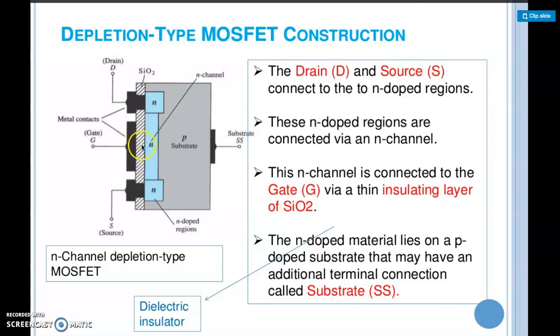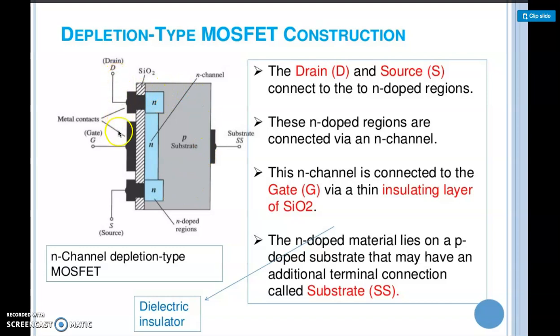Above the SiO2 layer, the gate metallic terminal is taken outside. In the construction, this is the terminal side, with all these metallic terminals. After the metallic terminals, you have the oxide layer, then the semiconductor part.